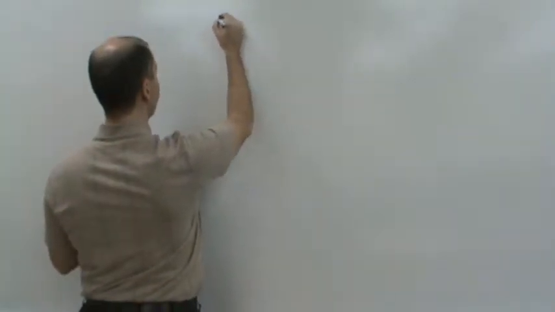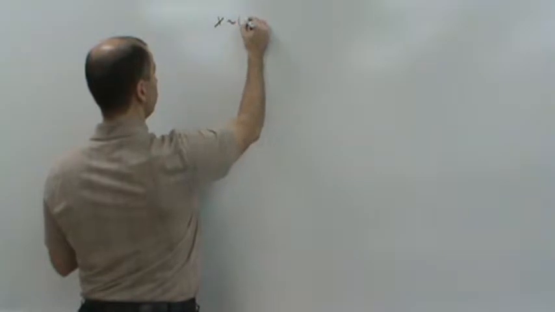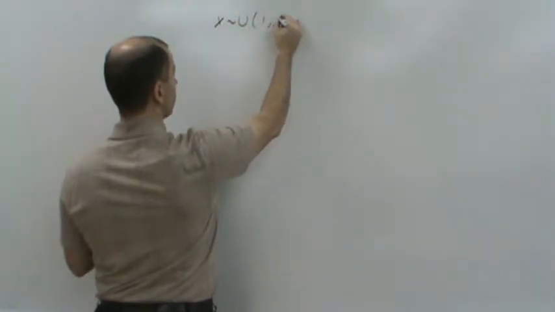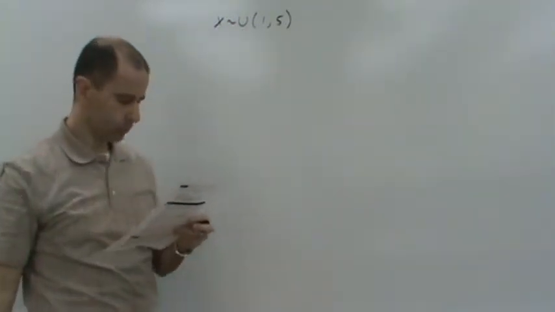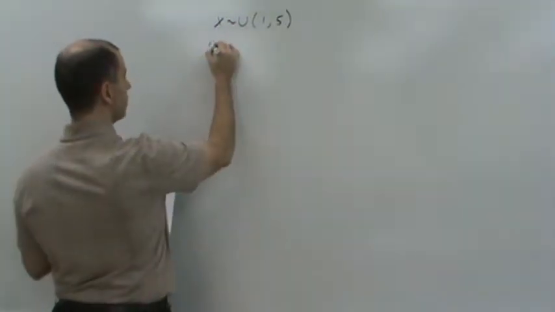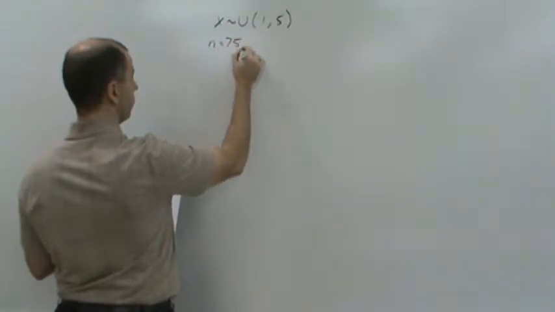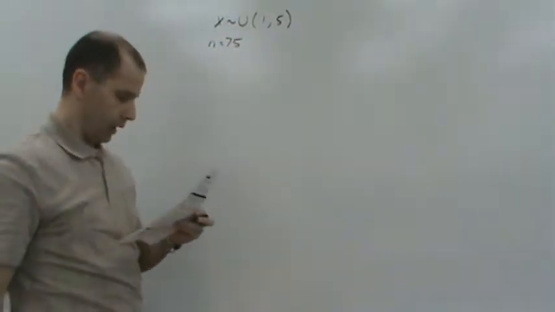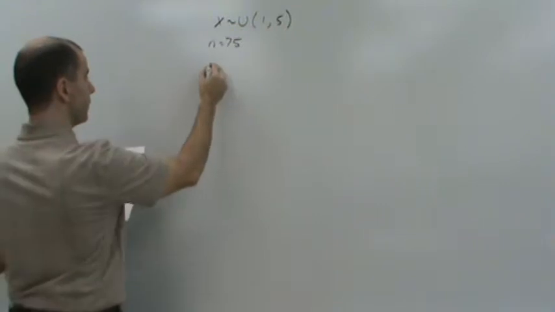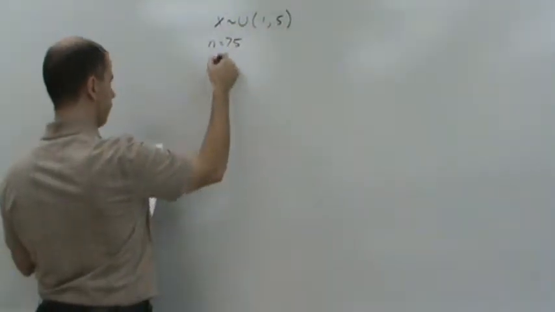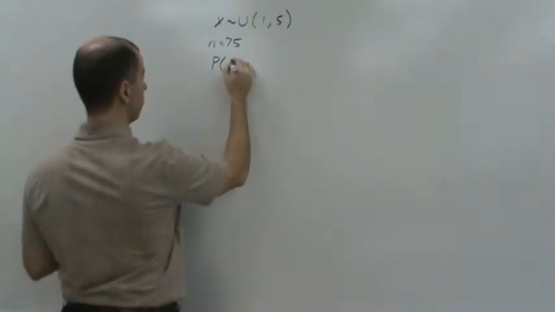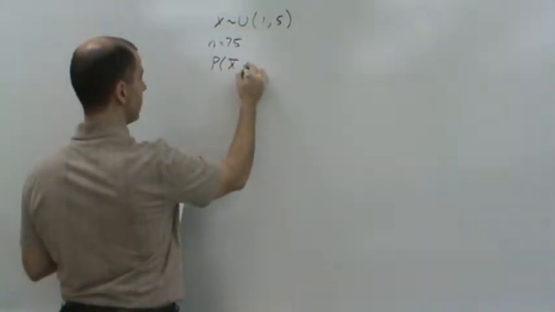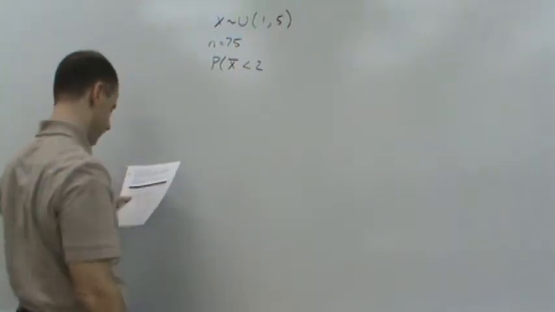So we know that X, the population, is uniform from 1 to 5. We take a sample of 75 students, and they want to know the probability that the mean score of the 75 students is less than 2. So that's X bar, right? The probability that X bar is less than 2.